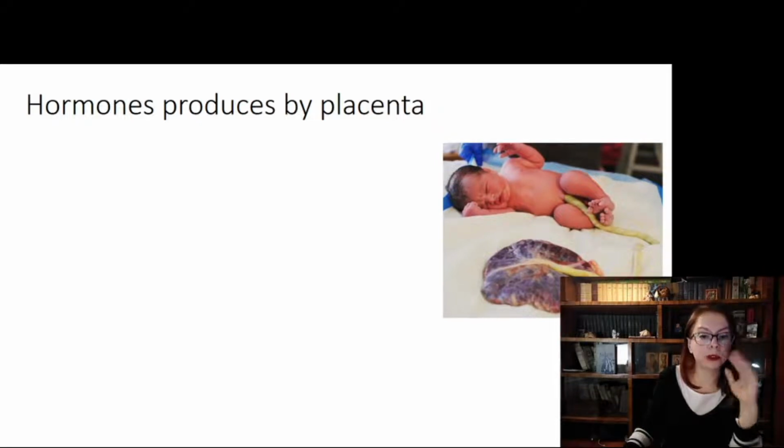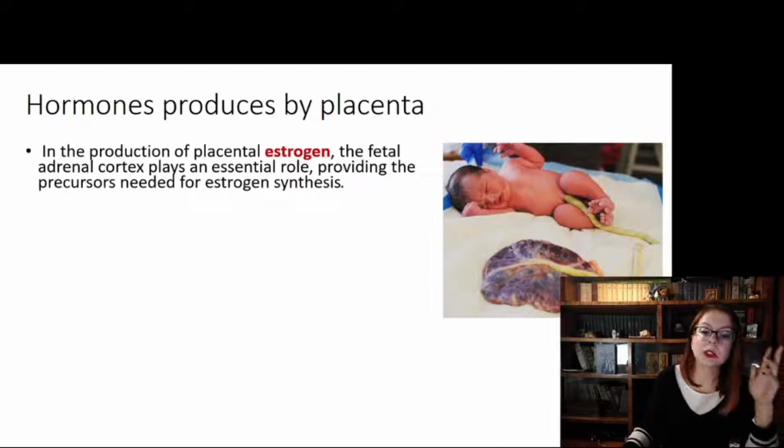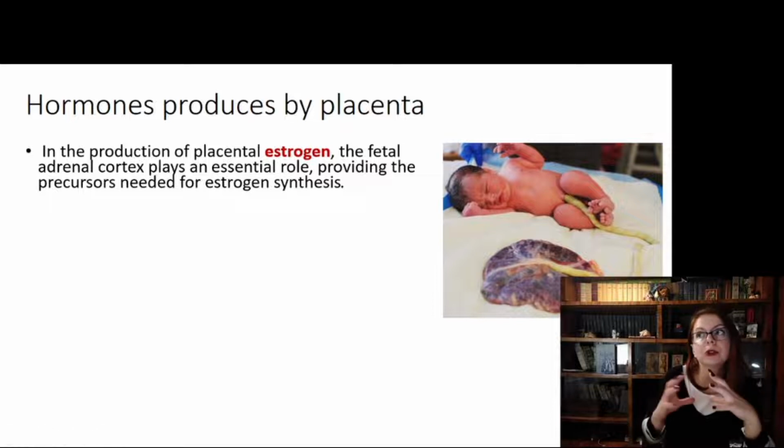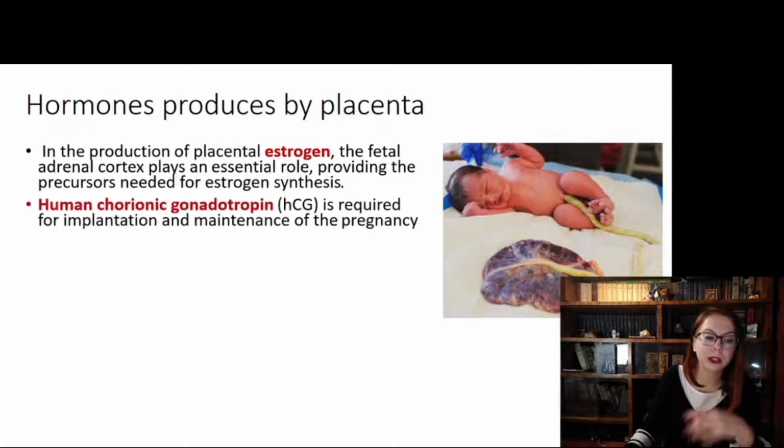Now we have to say that the placenta is a hormone-producing organ, and those hormones are very important. First, it produces estrogens, but it is very important to understand that it doesn't have the full set of enzymes for estrogen synthesis. For this purpose, the placenta uses hormones produced by the fetal adrenal cortex, so they should work together to produce estrogens. Then human chorionic gonadotropin. I'm sure you are aware of this hormone.